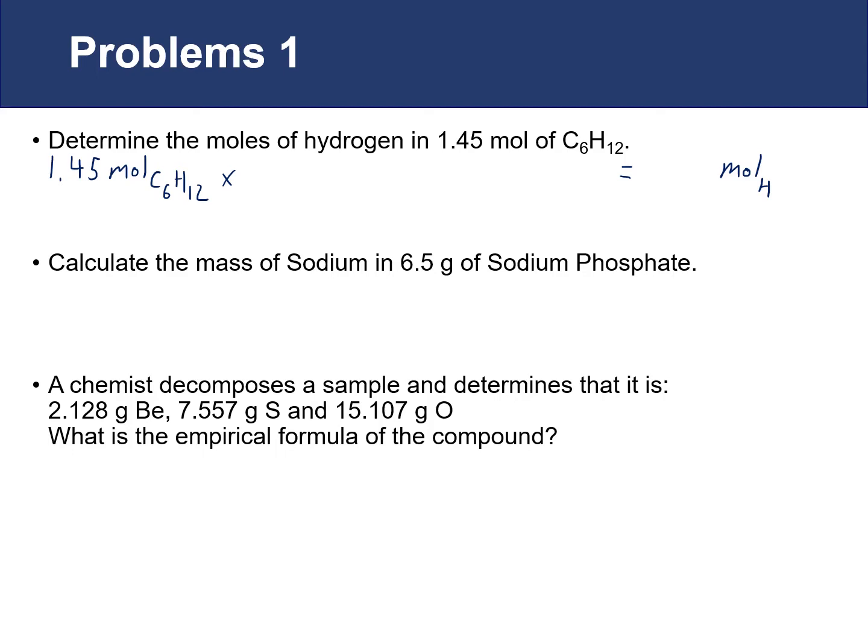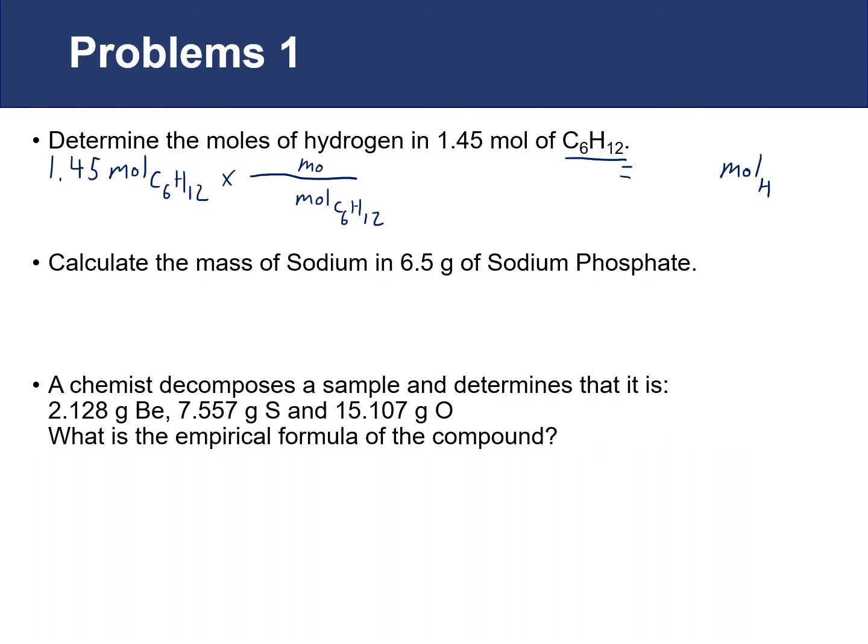That is our goal. So we can multiply this by a ratio having the moles of C6H12 on the bottom, and we want to convert this into moles of H. If you look at the chemical formula here, there are 12 moles of hydrogen for each mole of the C6H12.